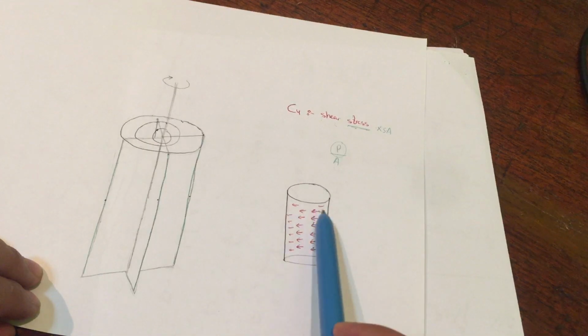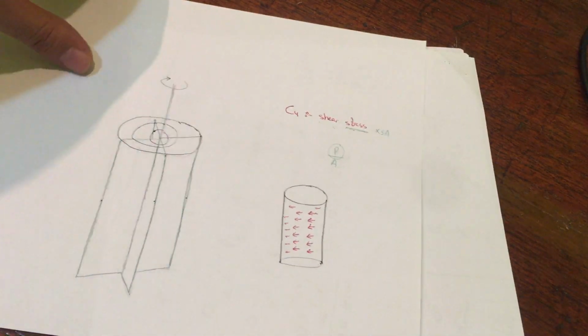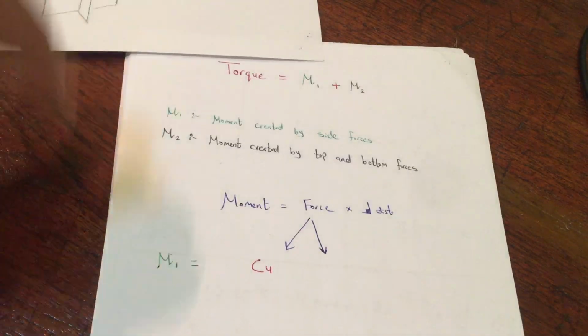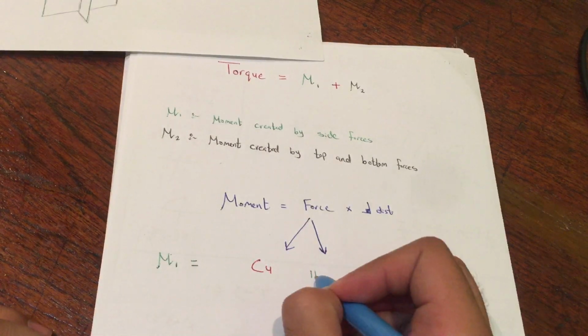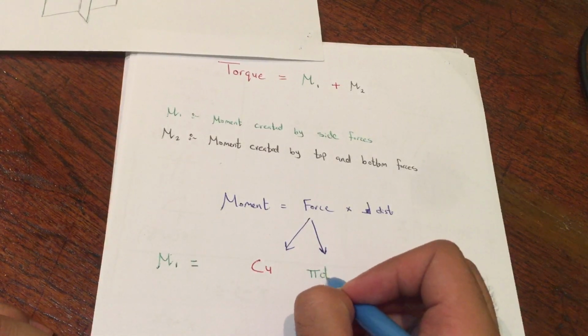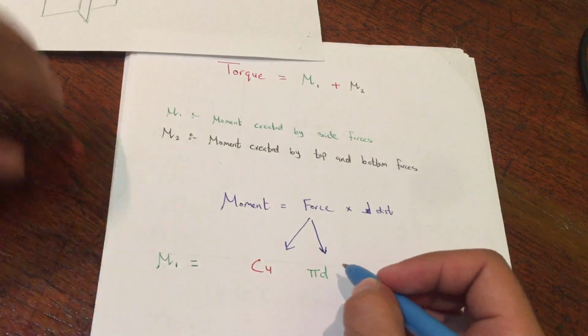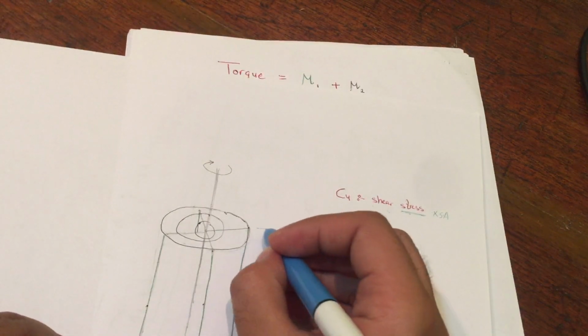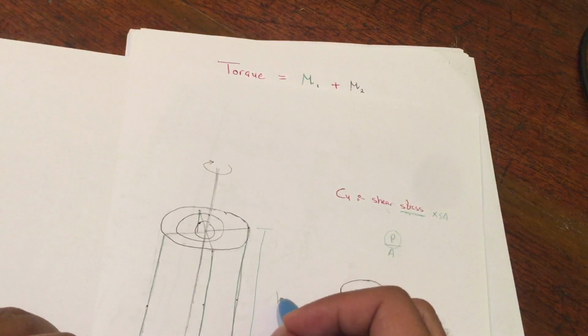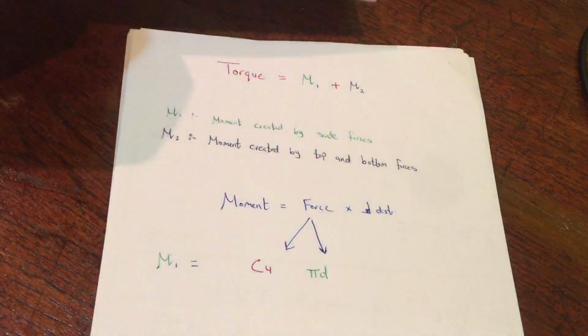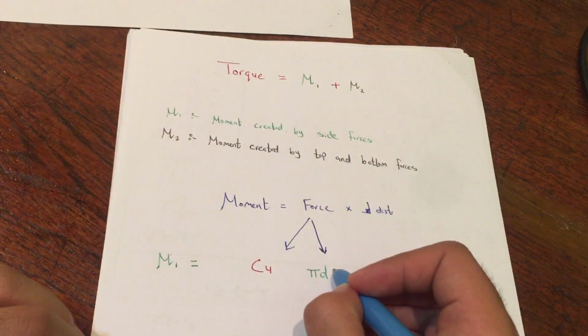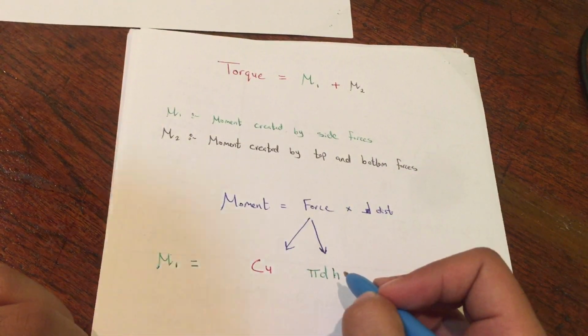What is the surface area of the cylinder? It is the circumference of the circle, which is pi d, equal to 2 pi r, times the height. Just assume that this height is equal to h, times height, which is h.